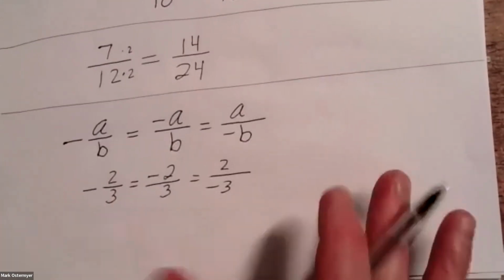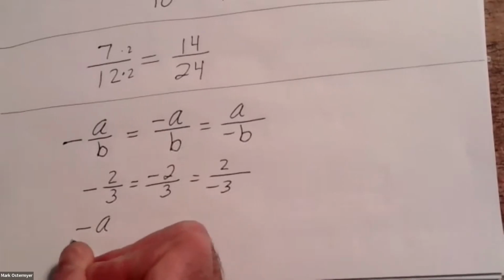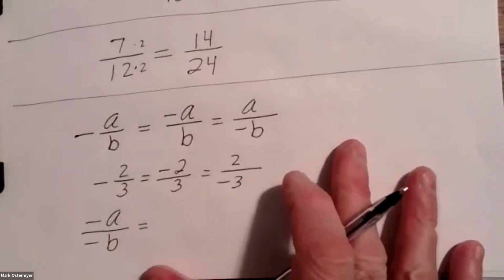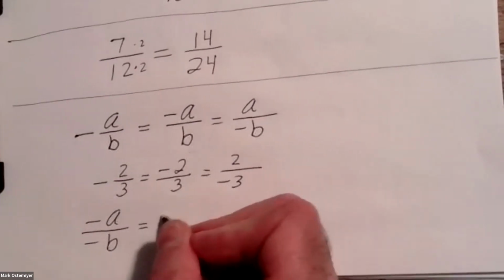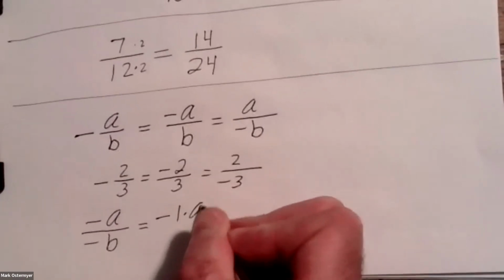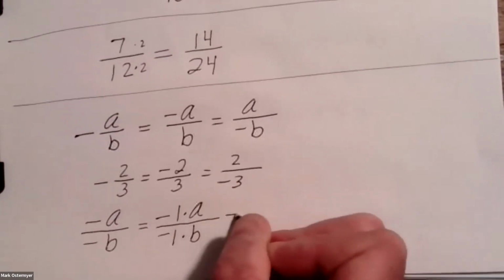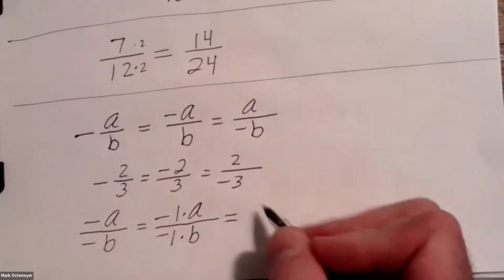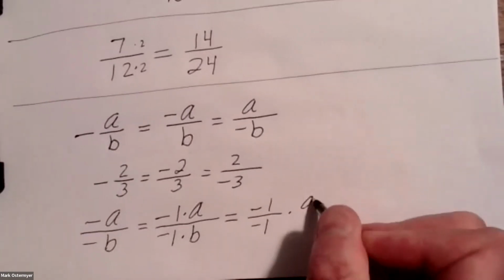All right. What if I have a negative numerator over a negative denominator? Well, do you agree if I have a fraction that says -a over -b, I could rewrite this as -1 times a in the numerator over -1 times b in the denominator? You buy that from here to here? Okay. Now, do you agree I can split this up and put -1 over -1 times a over b?